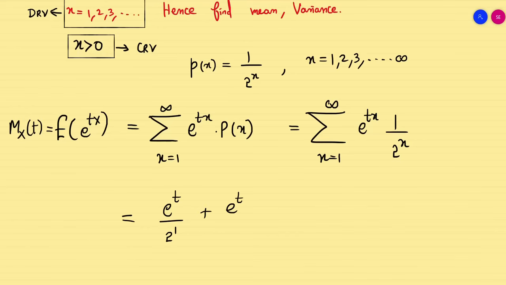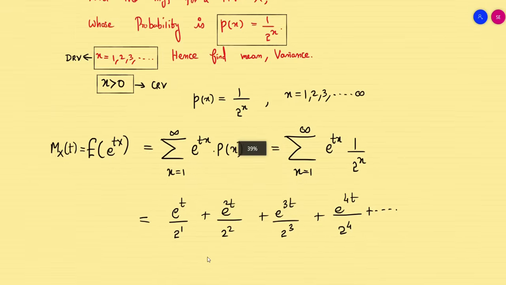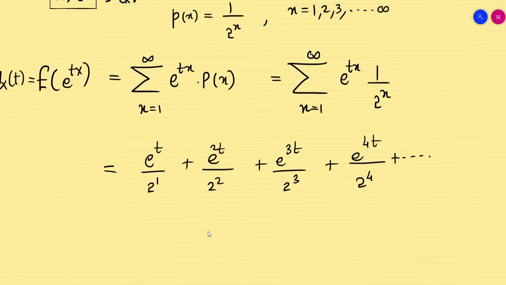X equal to 2, I get e power 2t by 2 square, e power 3t by 2 cube, e power 4t by 2 power 4, etc. Now, just now I said a simple formula to crack this problem: 1 minus x whole power minus 1 equals 1 plus x plus x square, etc. up to infinity. Now let us compare this.